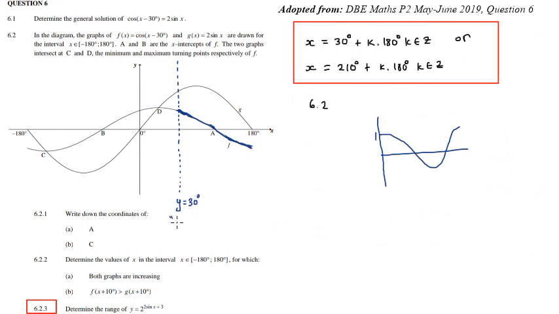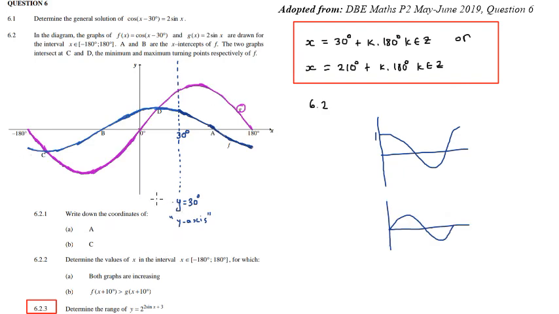This is now the imaginary y-axis. So that's where the cosine function starts, at a y value of 1. So this means that this is 30 degrees. Right, so now moving on to the questions.